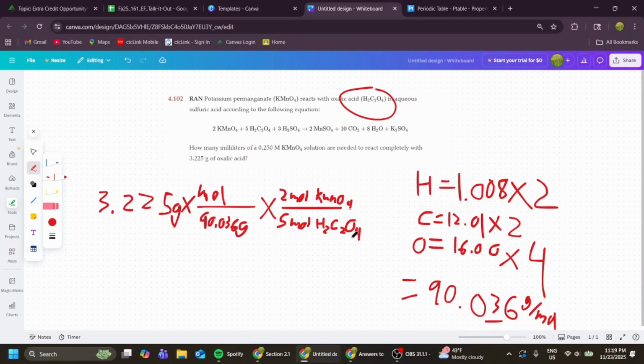Excellent. And now we have the moles of potassium permanganate.